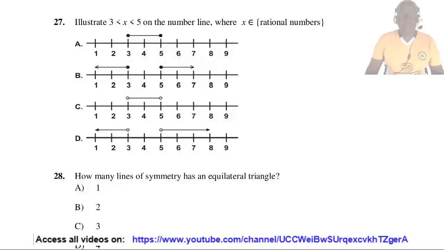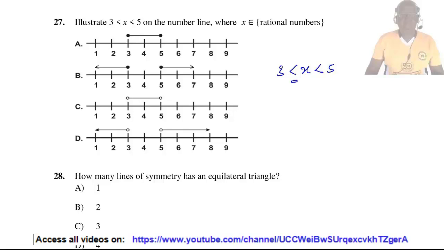Question 27. Illustrate: S lies between 3 and 5 on a number line, where S is an element of rational numbers. S is greater than 3 and S is less than 5, which implies S lies between 3 and 5.